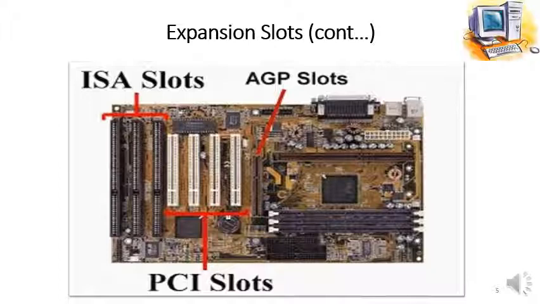Further, at the right side of this motherboard we have three slots which are called ISA slots, Industry Standard Architecture slots. And further, the white slots, 4 slots shown in this image, are the PCI slots, Peripheral Component Interconnect slots. So this is the labeled picture of a motherboard in which these 3 different slots are labeled.